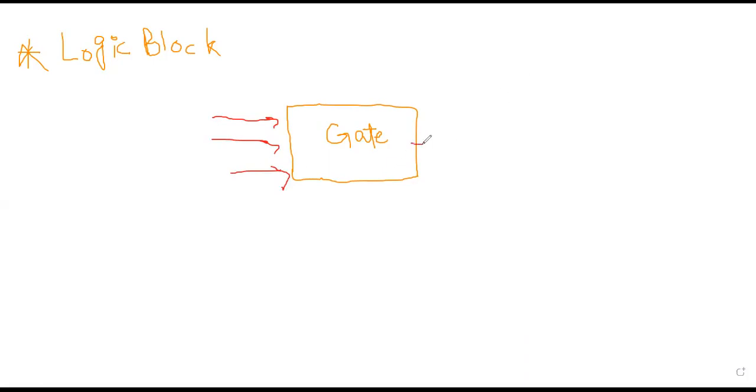And there is an output. Is it okay if we have more than one output? No, only one output. Yes, this is the main thing to remember. In logic gates there is only one output. So there are multiple inputs, but the output is only one for my logic circuits.